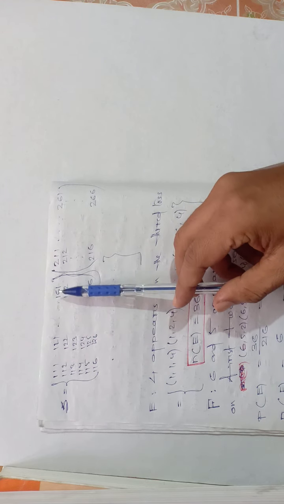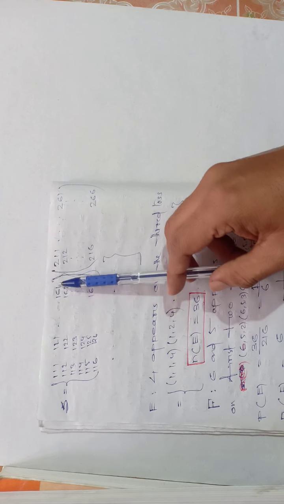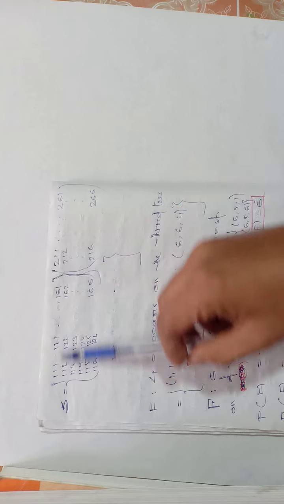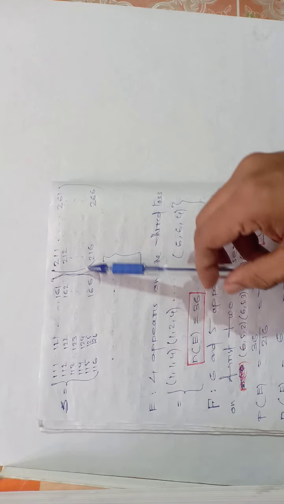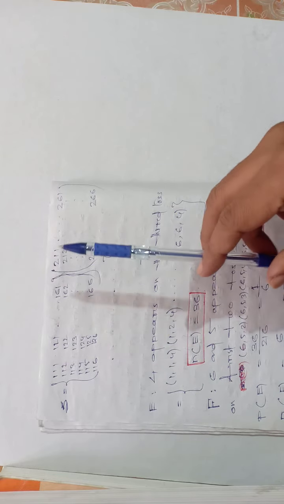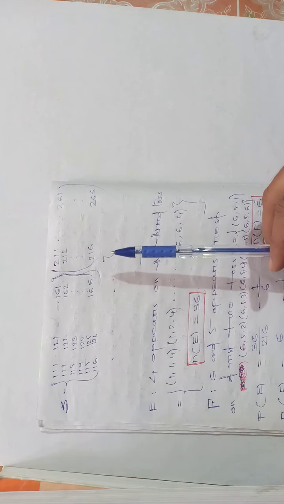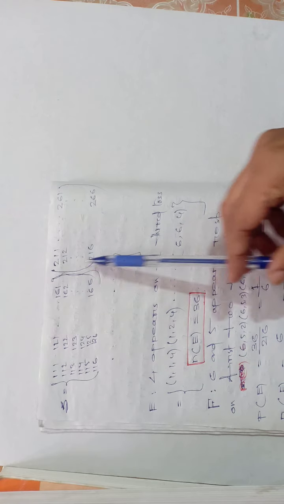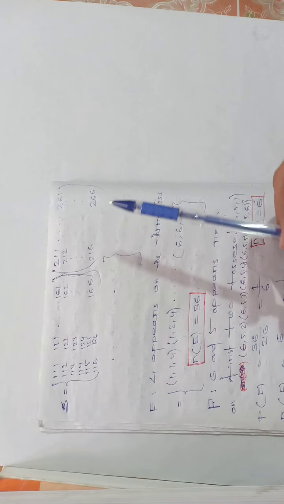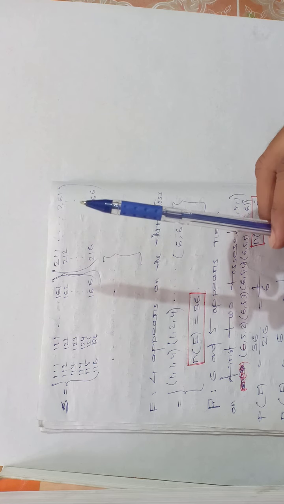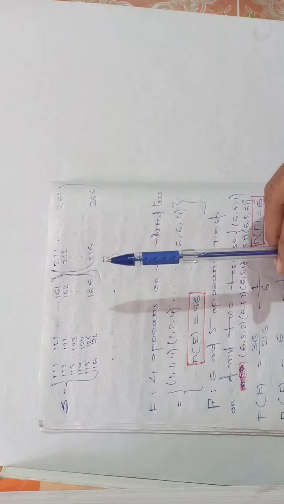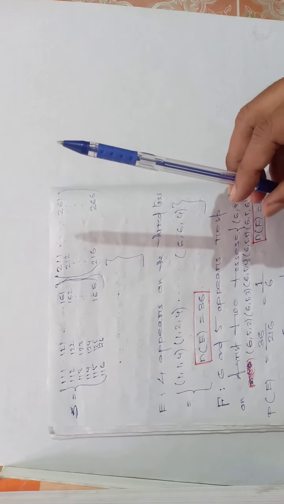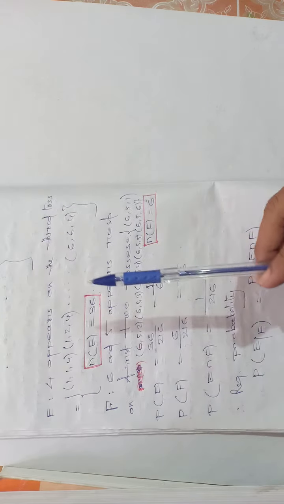Similarly, this one set contains 36 elements, right? And there will be 6 such sets, because we keep first 1 fixed, then 2 fixed, then 3 fixed, and so on. So the total number of elements will be 36 into 6, which is 216. Now in the sample space there are 216 elements.